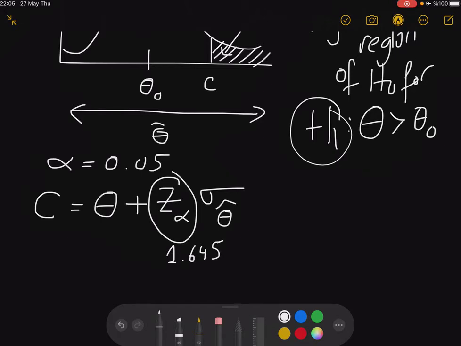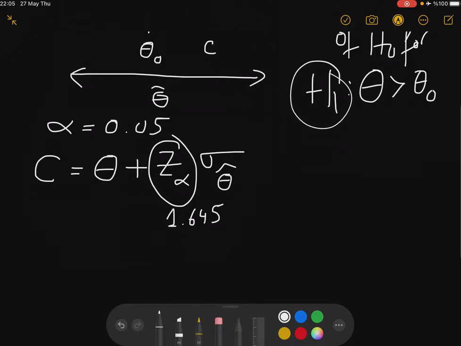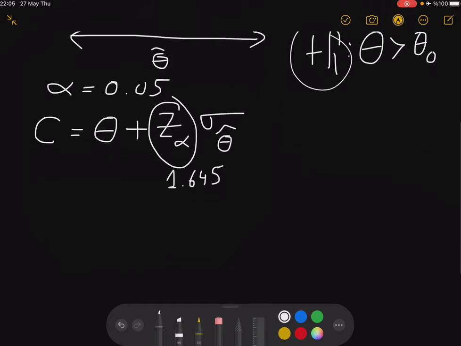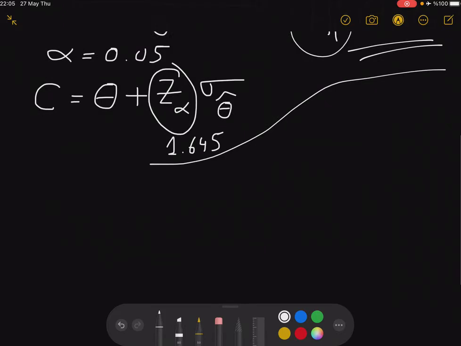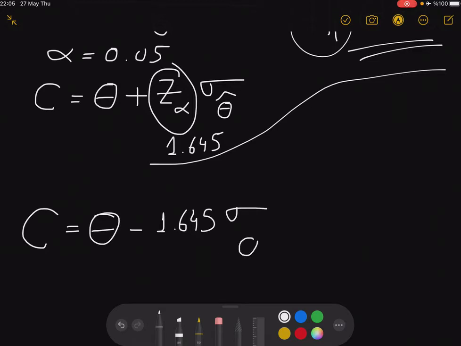So that's the idea if you're testing H1, where theta is larger than theta 0. That corresponds to this one. And how about the other type of alternative hypothesis? Here you will have minus 1.645 sigma theta hat.